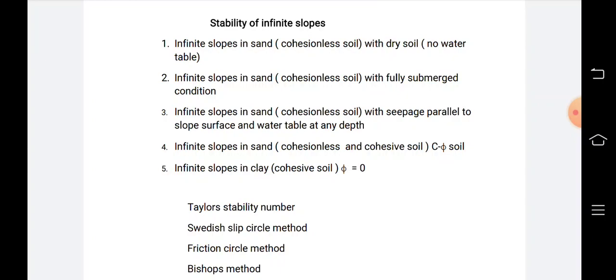Then comes an infinite slope in soil that is both cohesive and cohesionless.